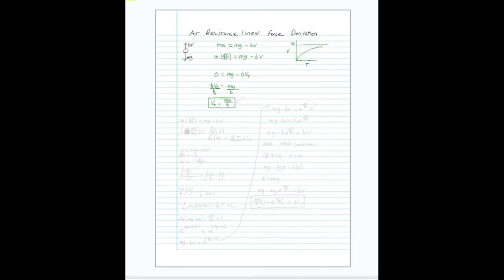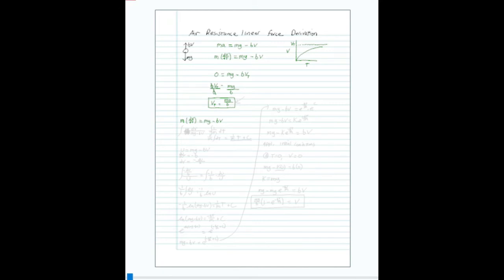Okay, now if we are asked to solve the differential equation, let's go back to what it was. We have m times dv/dt equals mg minus bv. This is what we call a first order separable differential equation.